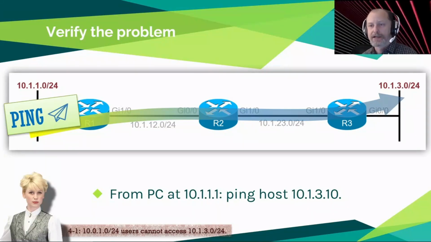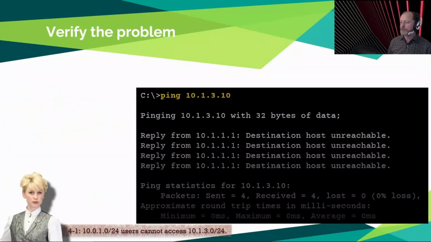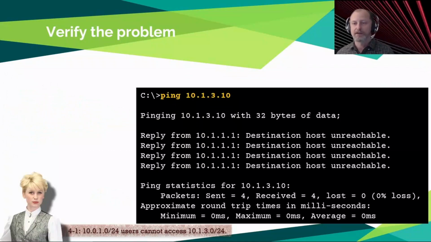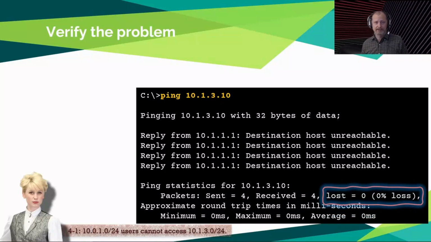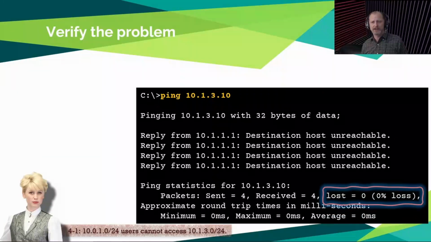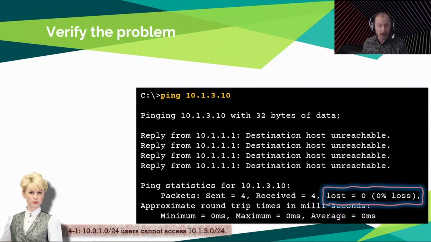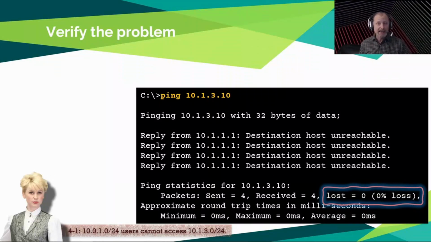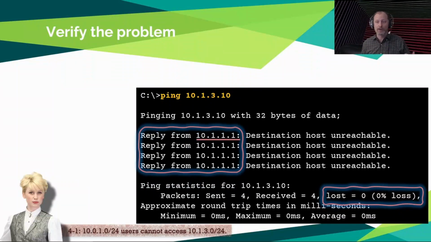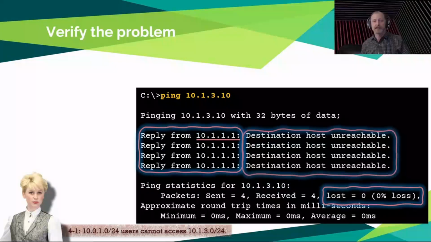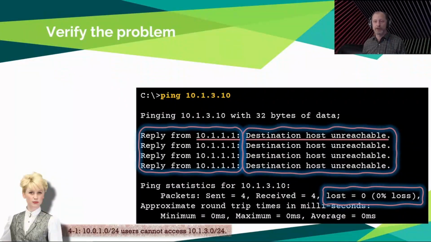All right. So we go to the PC and we do that, and we can see, well, there's a problem. We had 0% loss, but that means each echo request got an echo reply, but the replies came from 10.1.1.1 saying destination host unreachable.